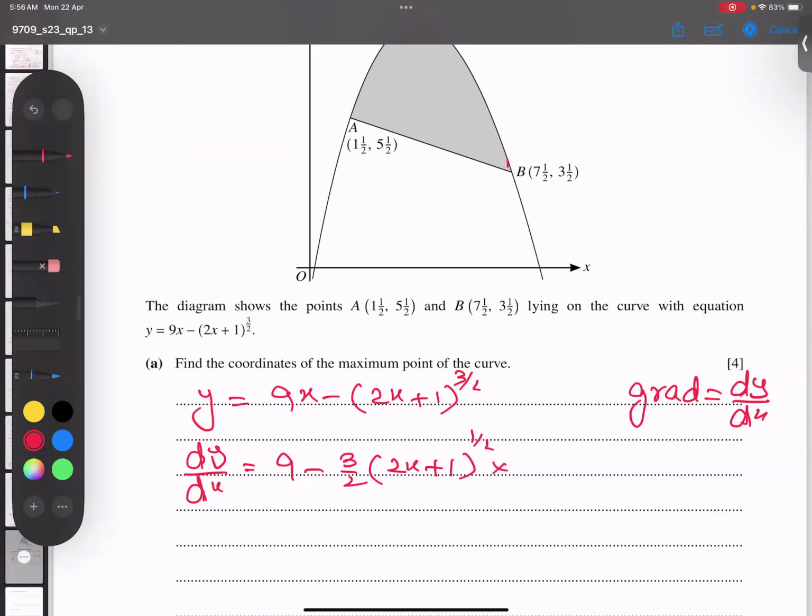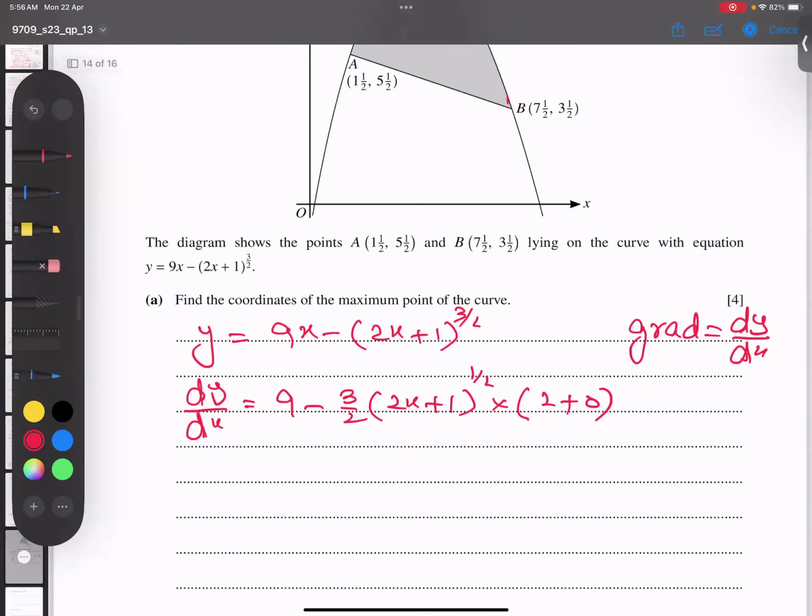It becomes half into. Often students miss the base derivative. What is the base derivative? I'll show you in full. 2x turns to be 2 and plus 1 turns to be 0. And I believe the point is clear. Now this 2 and this 2 will cancel out because they're multiplying. And 9 minus 3 times the root of 2x plus 1 is our derivative.